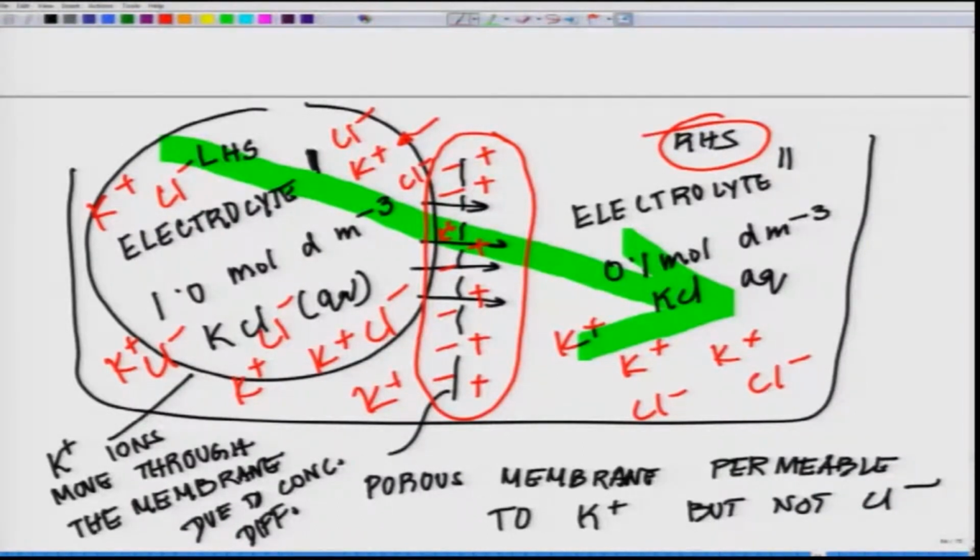So, if we again repeat the whole situation, the principle underlying the concentration cell is particularly important where solutions of electrolytes with different concentrations are separated by a porous membrane. This is the porous membrane we talked about, the arrow out here showing the porous membrane.